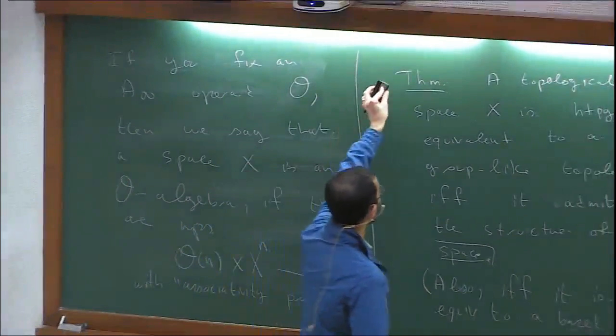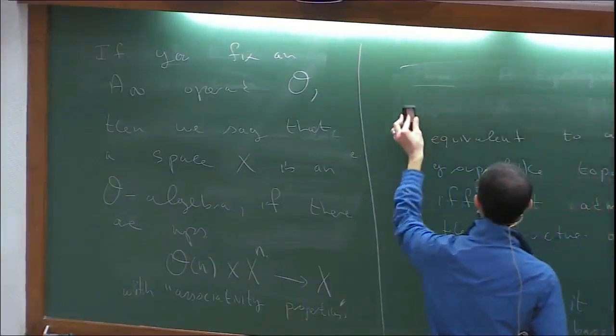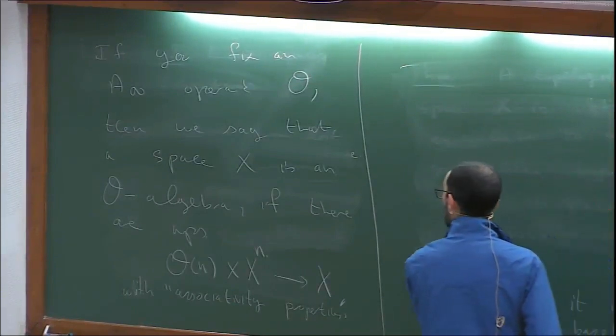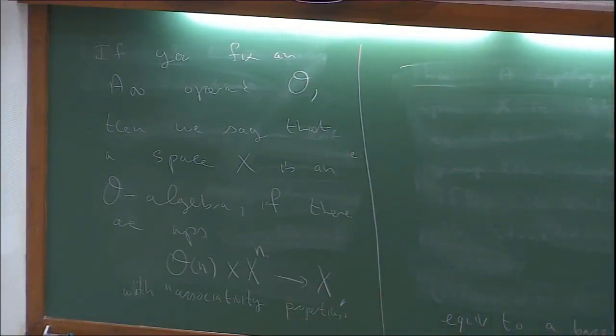So what I really explained last time is that the based loop space is a K algebra, where K is this collection of spaces here, corresponding to subdivisions of the interval.